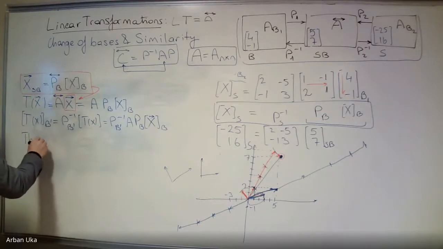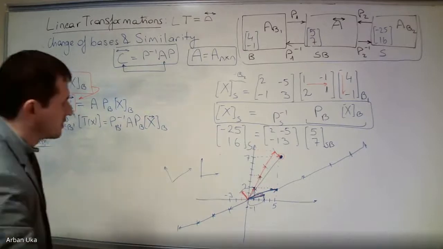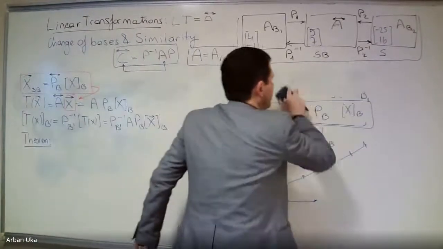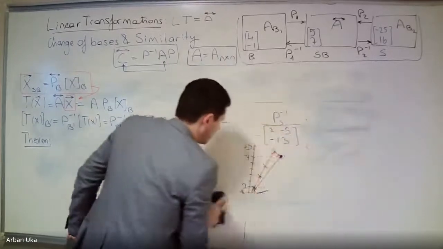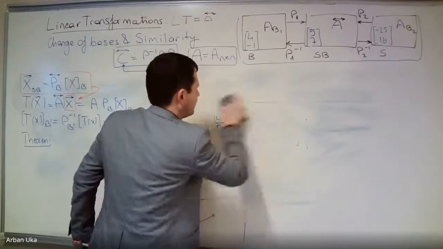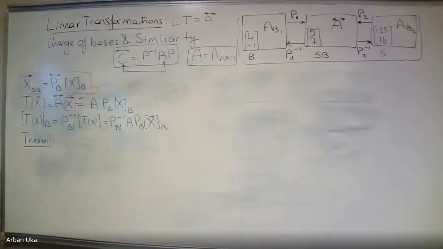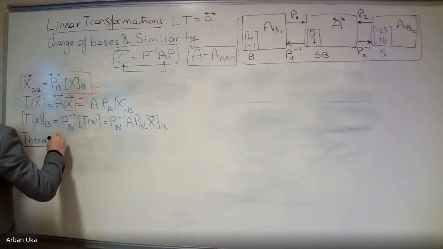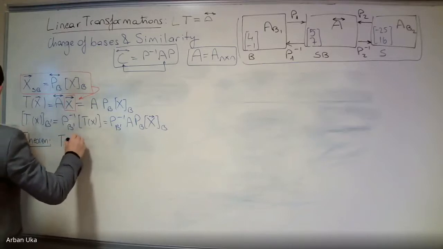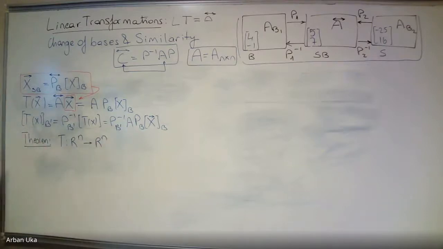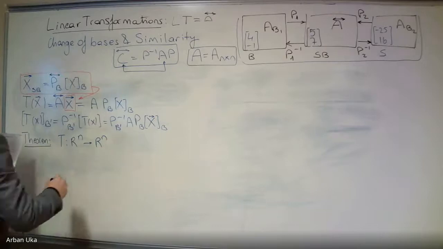To do the formal definition, we have a theorem, whose verbal statement we can also simplify and describe with a simple notation. The theorem states that for any linear transformation from Rn to Rn, it is clear that the A in this case is going to be a square one.